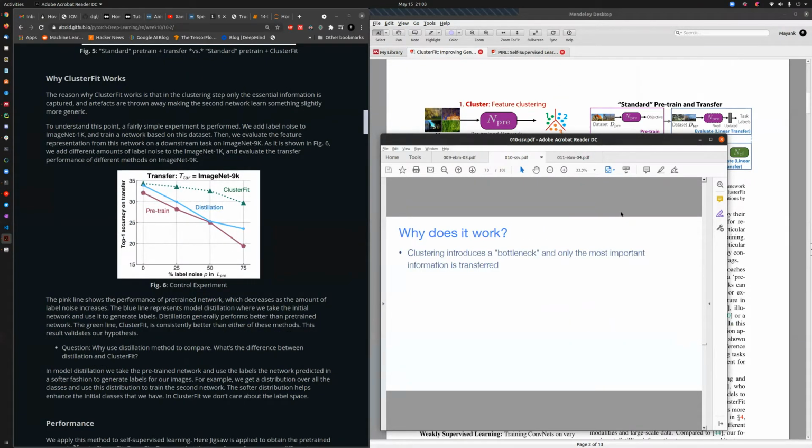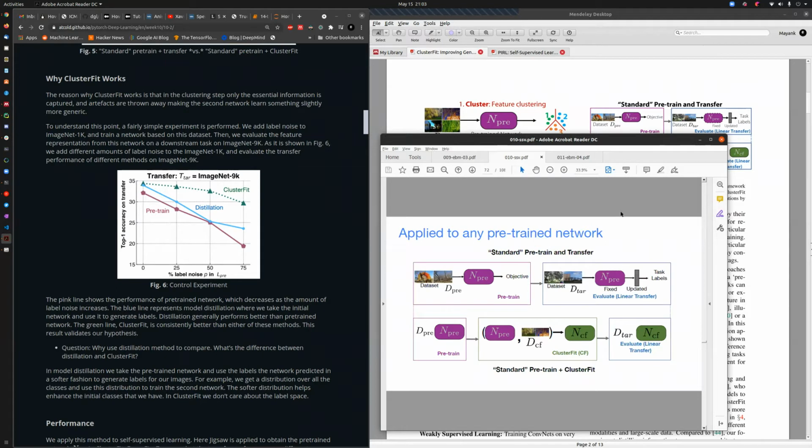So basically, a lot of research coming from Facebook develops these ideas, right? So they use this clustering objective in the latest papers too, right? Yep, because you can.